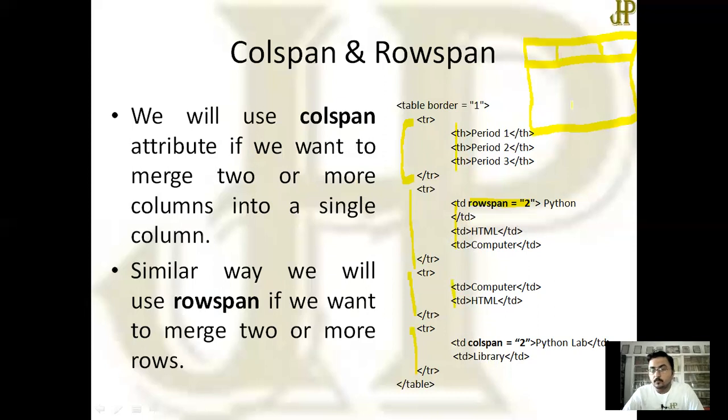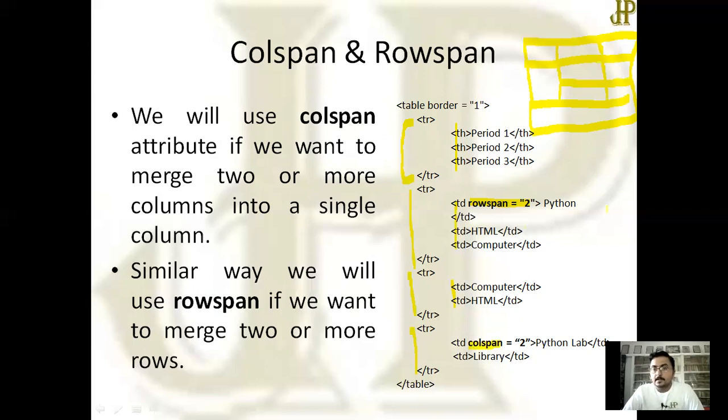So what will happen? It will look like this. Here the first, second and third rows of column 1 are merged together. Clear? And whenever I use colspan, it means I am going to merge columns.